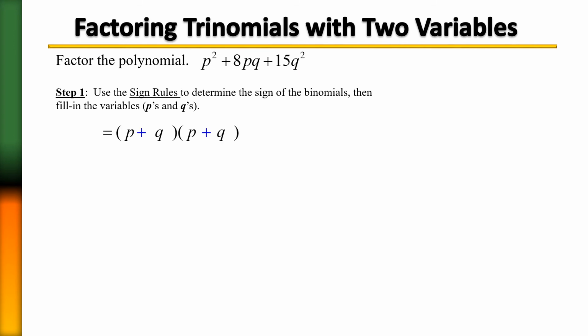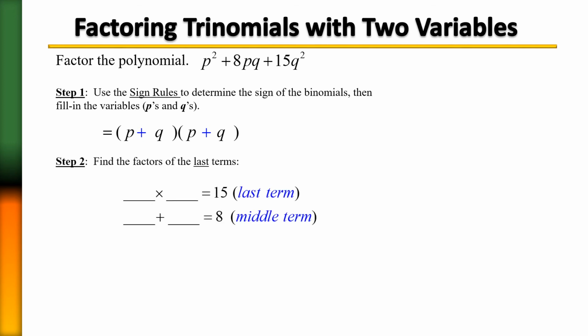Last step now is to determine what numbers are going to go there in front of those q's. So we look at our last term, 15, and we want to think of what two numbers, when we multiply them together, will equal 15. We also want to make sure that both numbers are positives.